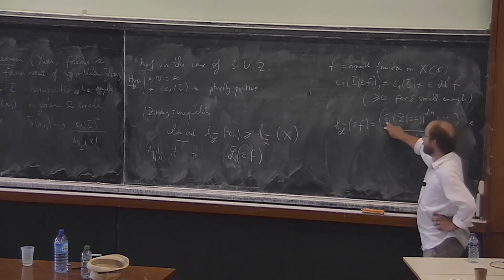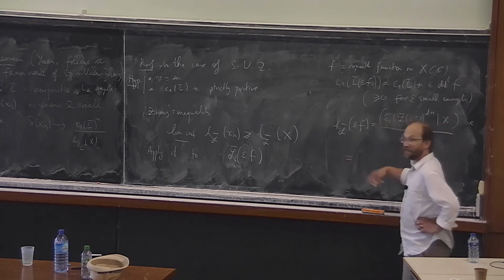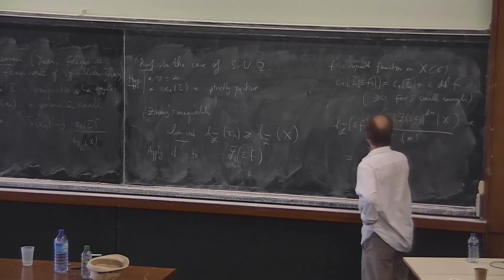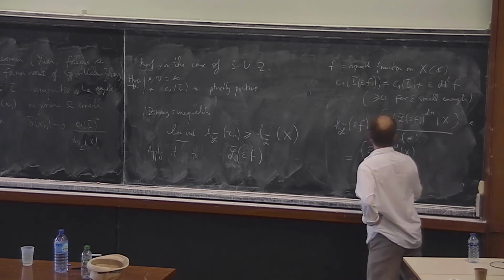And now I use multilinearity to compute the expansion of that along the powers of epsilon. So here I have C1 hat of L bar to the d plus 1 on X. That's the leading term.